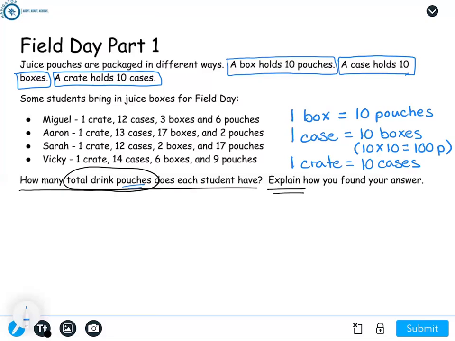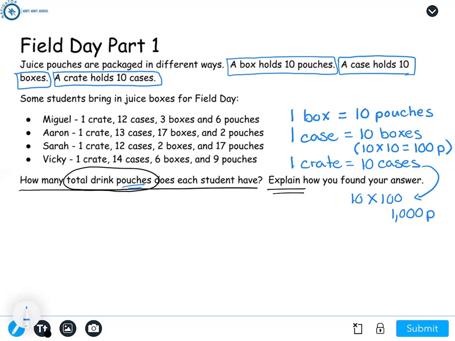You're exactly right. We know that we can take 10 cases times not 10 boxes because one case is worth 100 pouches. So we can multiply 10 times 100, which gives us 1,000 pouches.